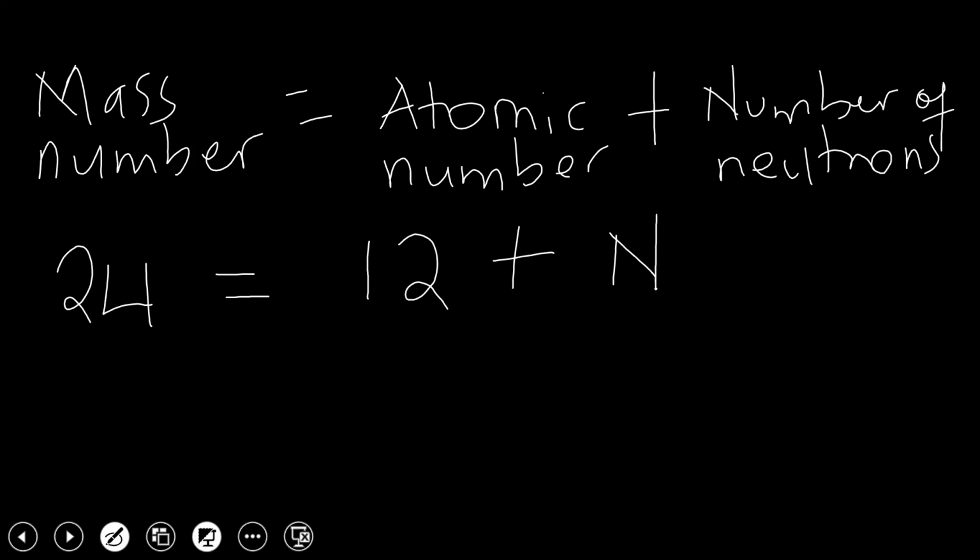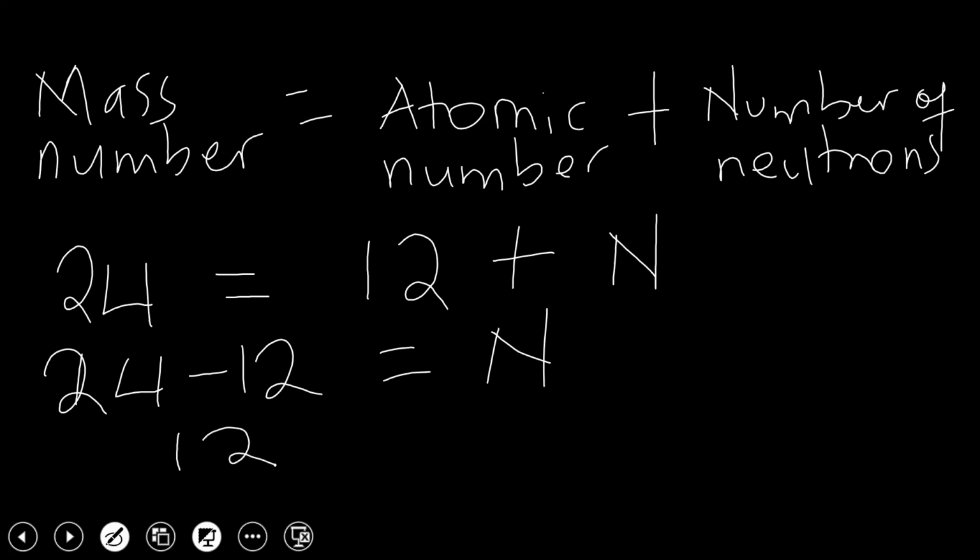So 24 minus 12 is equal to n, giving 12 is equal to n. So the number of neutrons is 12. That is very good. The answer is 12.